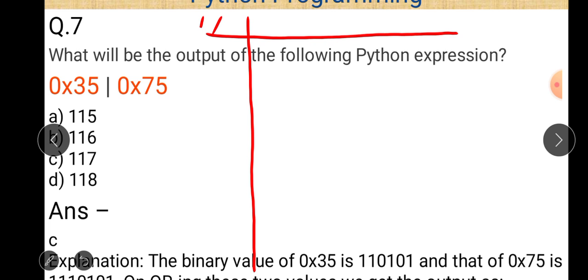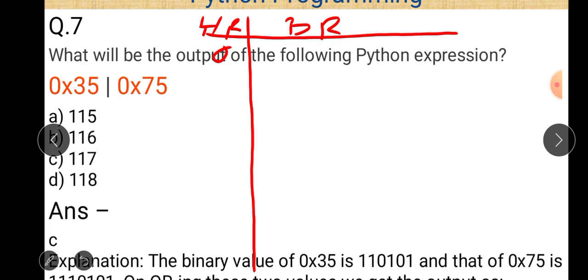This is the hexadecimal representation, and that is the binary representation. So I will make a table for hexadecimal representation and binary representation. Just write all the hexadecimal digits.